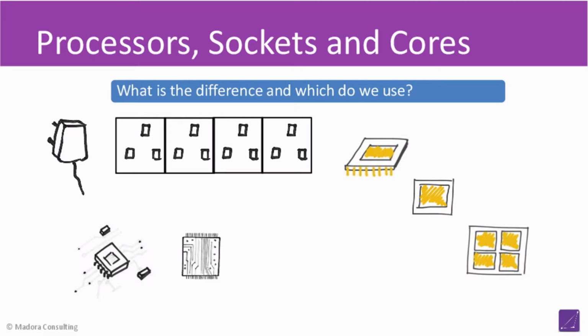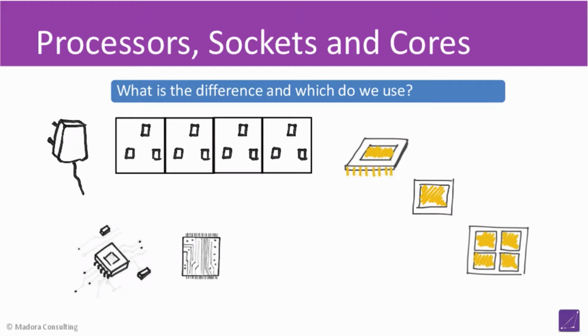So in a server, there will be a number of sockets available for processors to be plugged into. And each of those processors may consist of a number of cores, so dual core, quad core, and so on, perhaps even up to 32. And that's what Oracle's referring to, processors and cores.